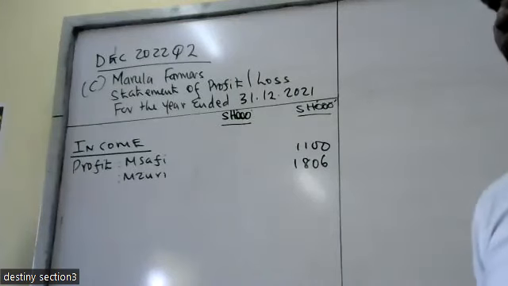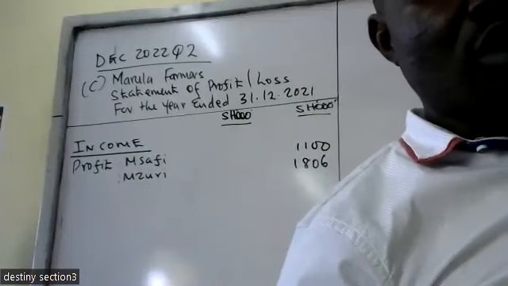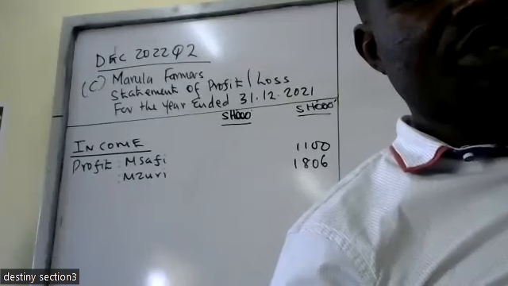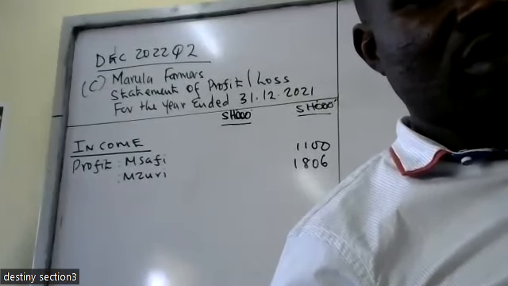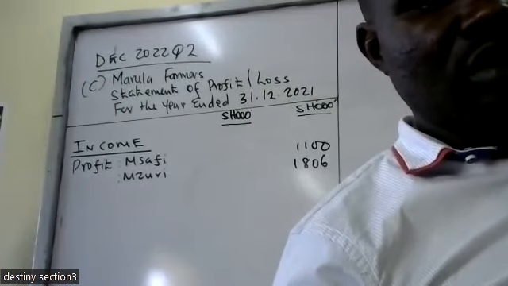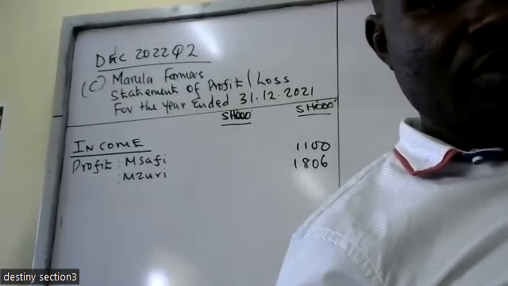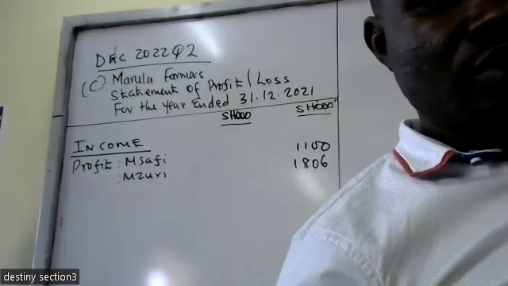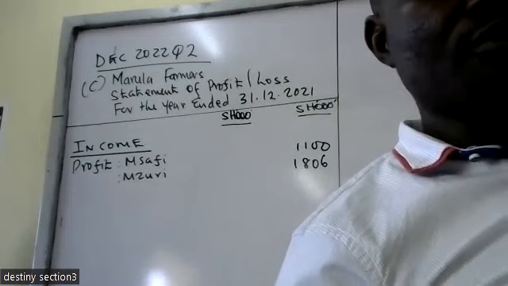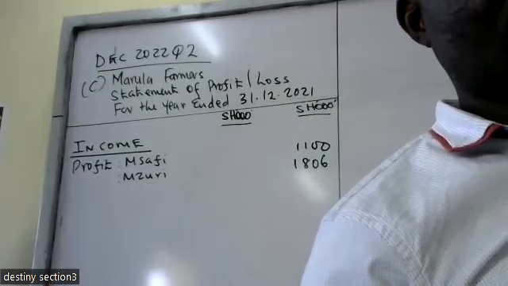back to the schedule, check any income which you are capable of seeing. Any other income which you can be able to see. Let's start from top.